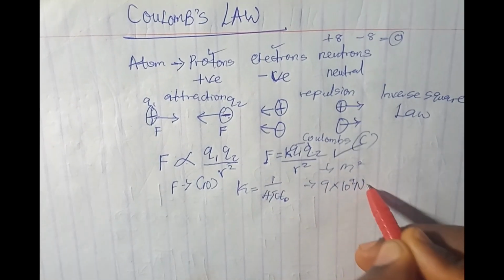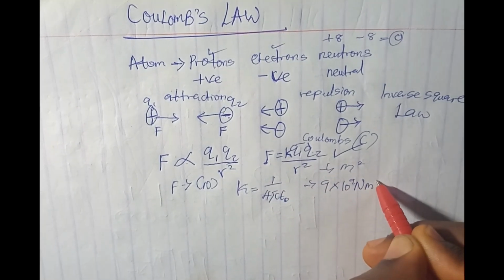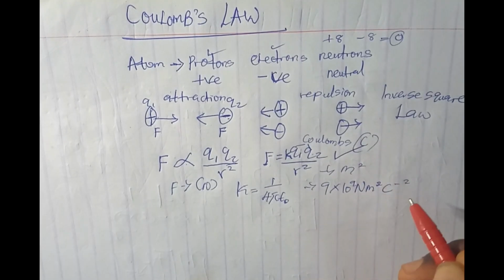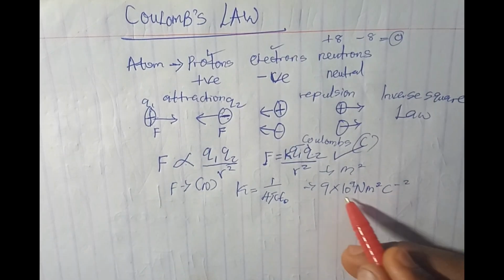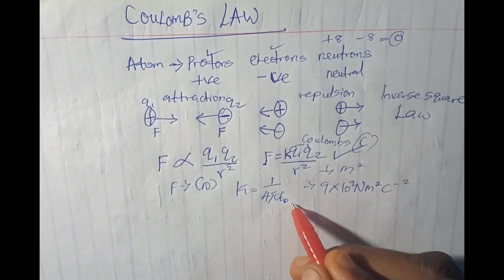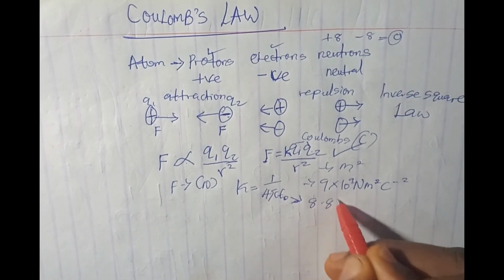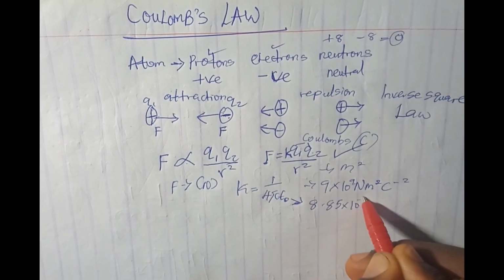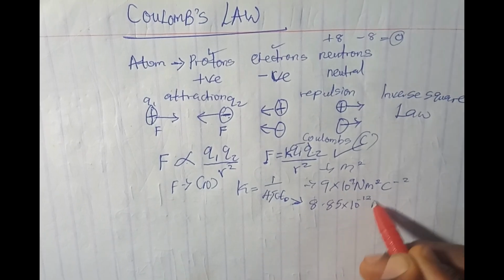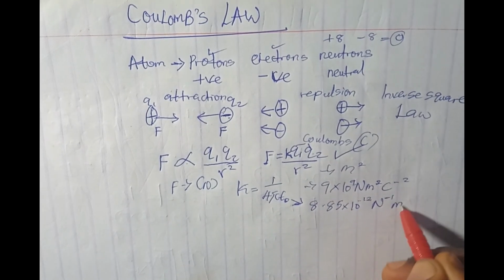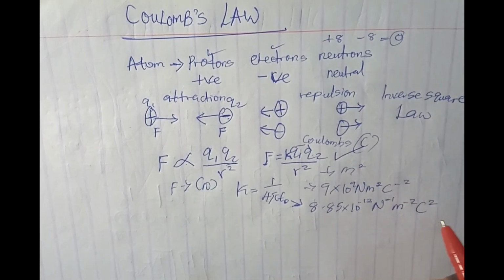The unit is Newton meter squared per Coulomb squared. So this is the value of K. If you want to find the value of epsilon naught, you can do that by yourself, and it will give you 8.85, I guess, times 10 raised to power minus 12 per Newton per square meter squared Coulomb.